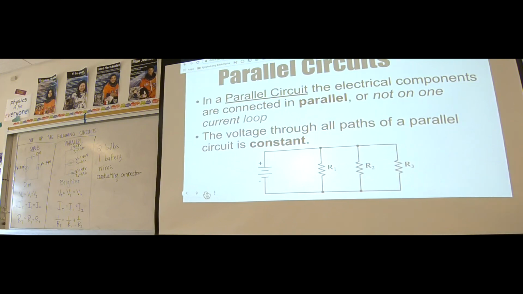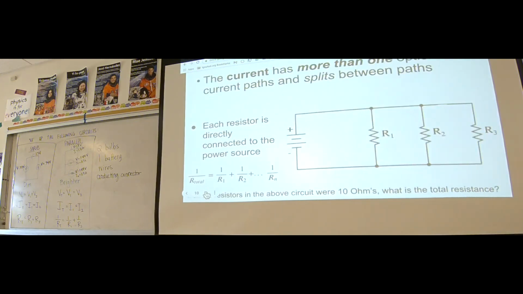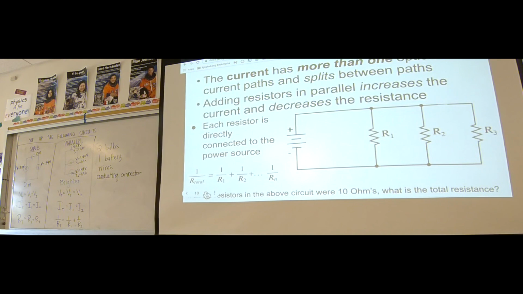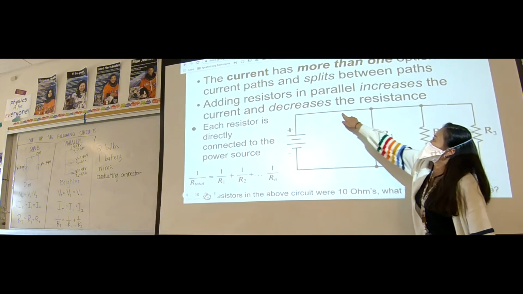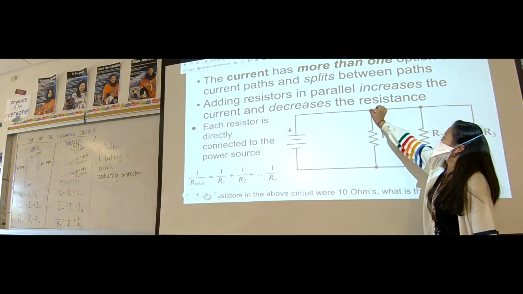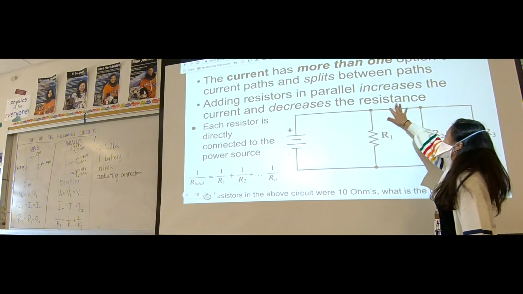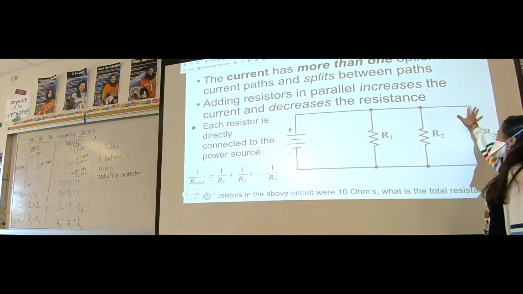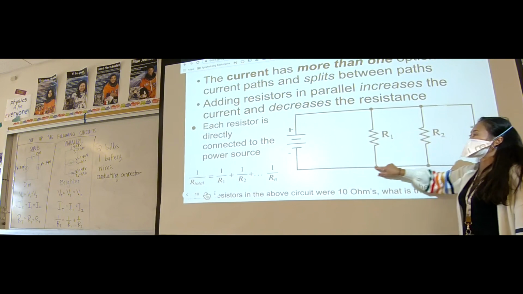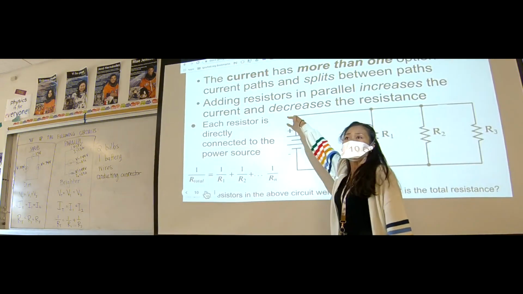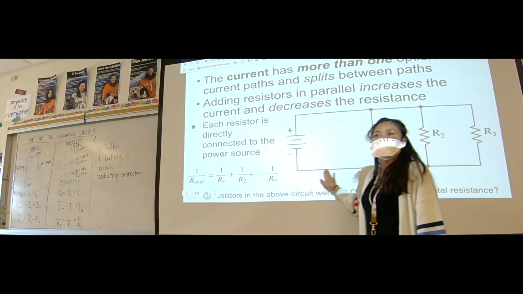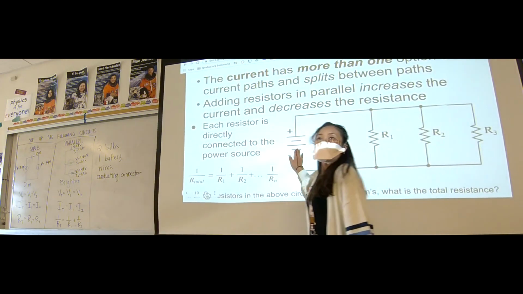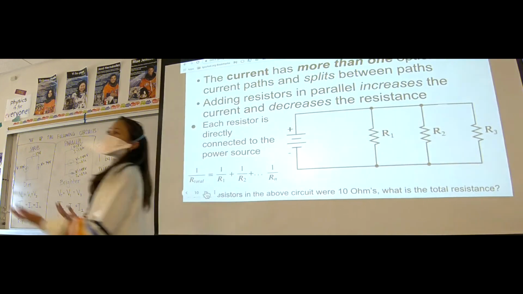Now, here, the current changes. And the reason why is because now the current has multiple paths that it can travel through. It has total current here, but then it splits. And then once it reaches this part, it splits again. When they come back together, though, whatever current came out of the battery, as it goes and splits between each of the wires, it's going to come back together and be equal as it comes into the battery.